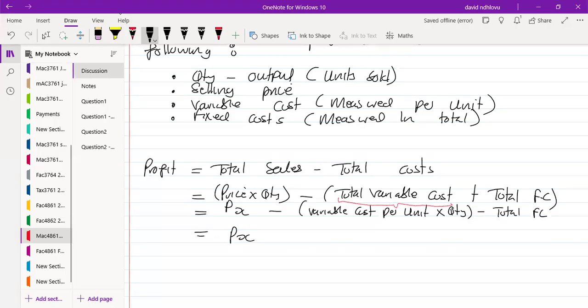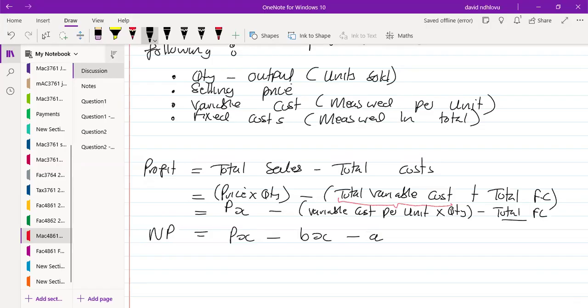Remember, P is for price, X is for quantity, minus variable cost, which is symbolized in this type of calculation by B, times X, representing quantity, and then the fixed cost. The total fixed cost is represented by A. Therefore, net profit is equal to Px minus Bx minus A.